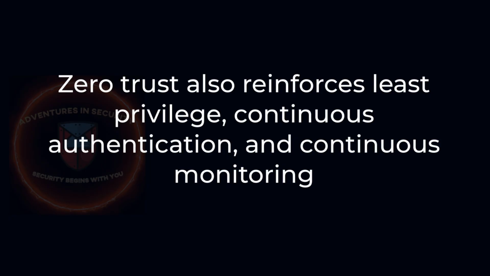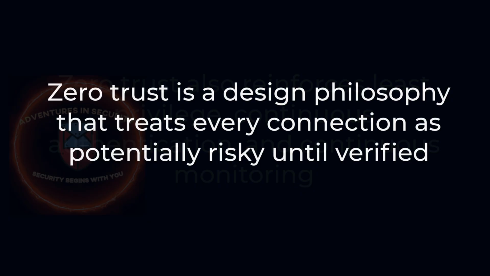In cloud environments, Zero Trust is especially valuable because resources are distributed, users work remotely, and workloads communicate across many services. So Zero Trust networking is not just a firewall strategy. It is a design philosophy that treats every connection as potentially risky until it is verified.